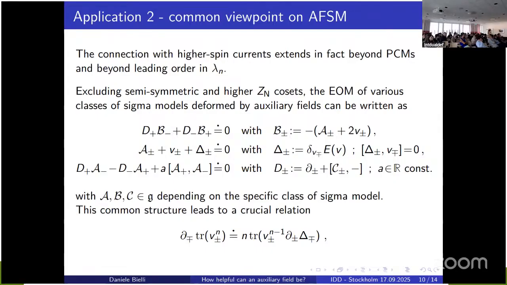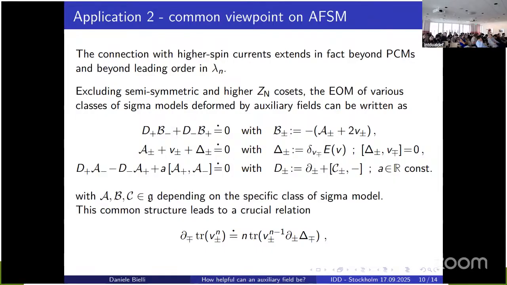This structure turns out to be very useful, because it allows us to obtain the relation that you see here on the last line. And this relation turns out to be crucial if we want to study these higher spin deformations.